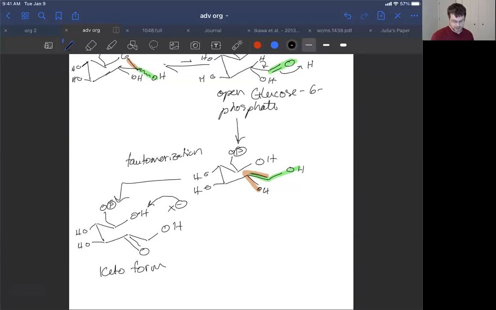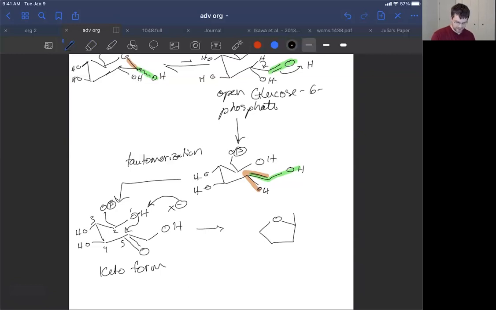But this time, that oxygen at the 5th carbon is going to attack into C2, giving rise to a 5-membered ring because the oxygen is like the 6th element. So instead of making a 6-membered ring, we go 1, 2, 3, 4, 5 to make a 5-membered ring. And I'm just going to go ahead and draw it this way.